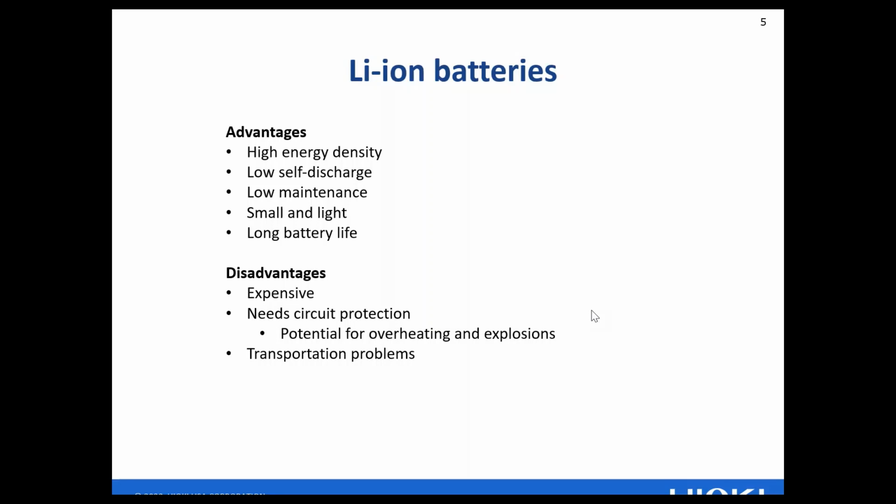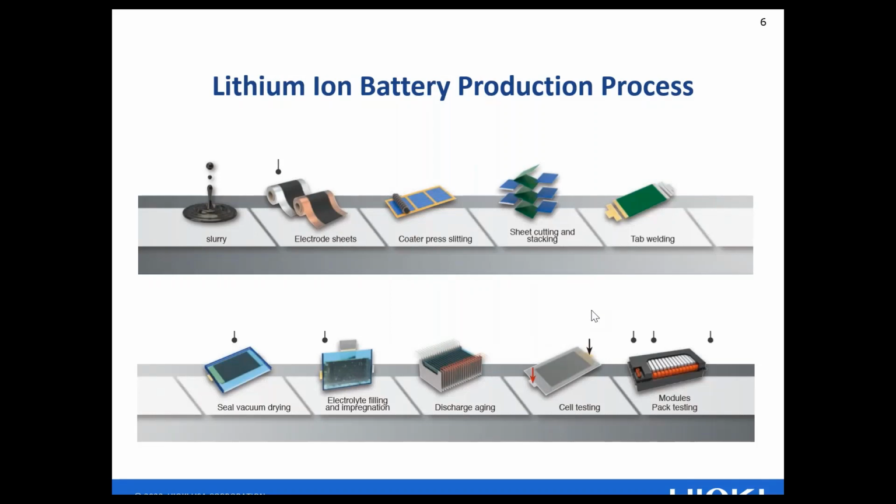So here's a slide on what the manufacturing process of a lithium-ion battery looks like. It is a multi-step process with a lot of potential failure points. It starts with a slurry that contains the lithium material and other material that gets deposited on electrode sheets, copper or aluminum typically.